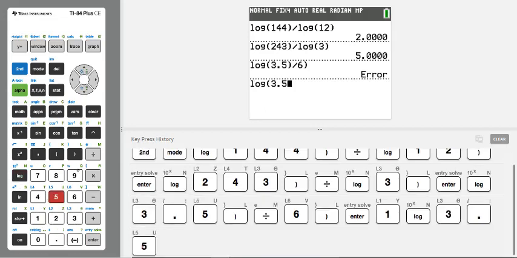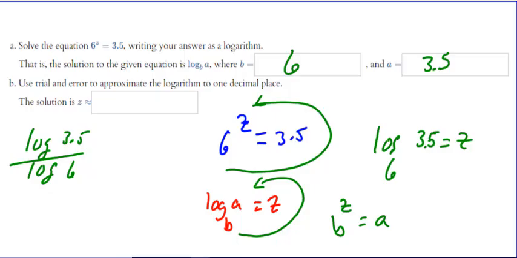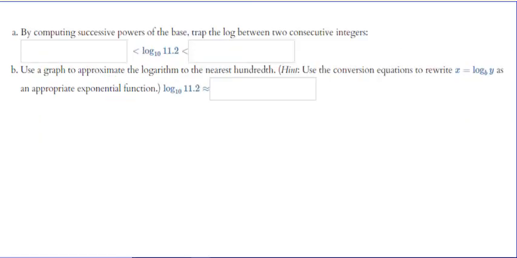Log of 3.5, close parentheses, divided by log of 6, close parentheses, boom. All right, 0.699, which would be 0.7, right? There you go.